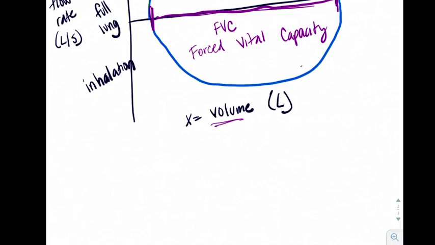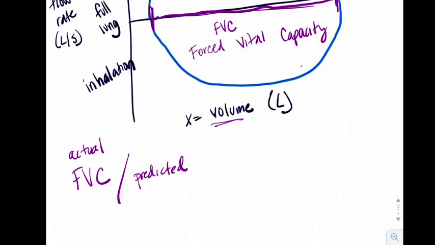Now, again, we'll have that predicted forced vital capacity, and what we're trying to see is if there is a significant reduction in forced vital capacity. So we'll take the patient's actual FVC, and then we'll take the predicted FVC that was given to us using those four demographics: age, height, gender, and race.